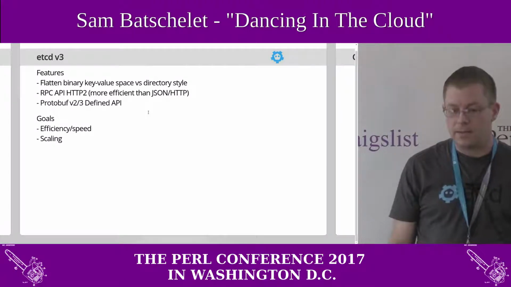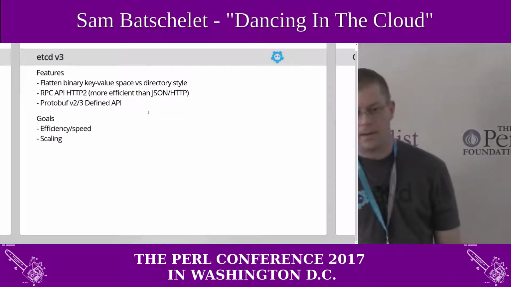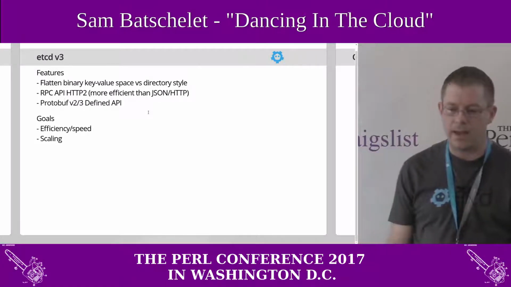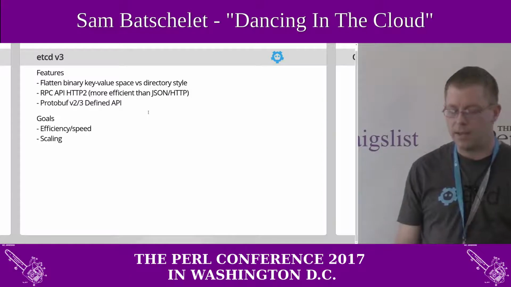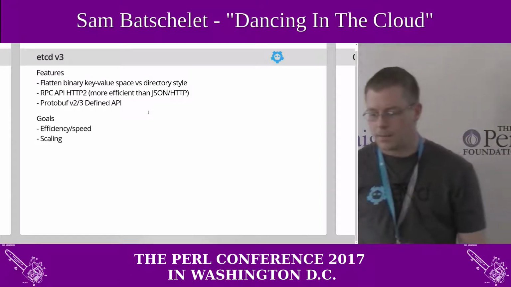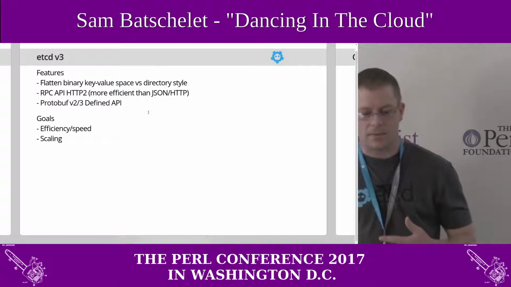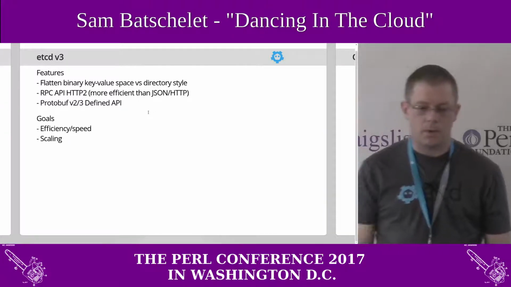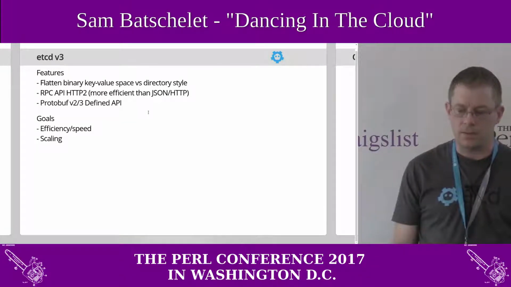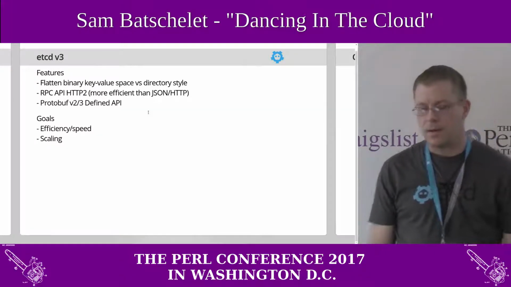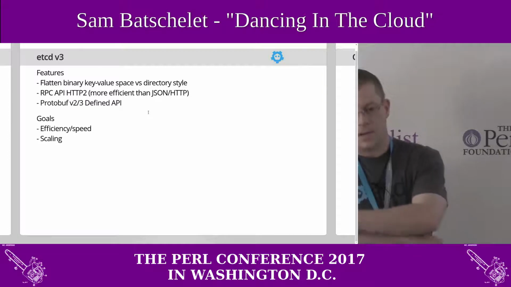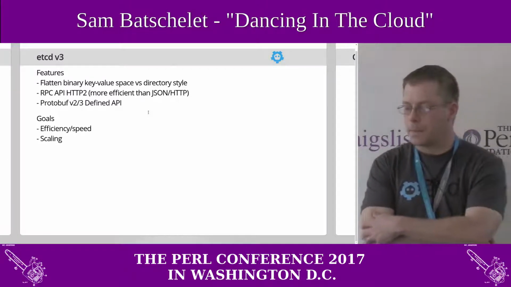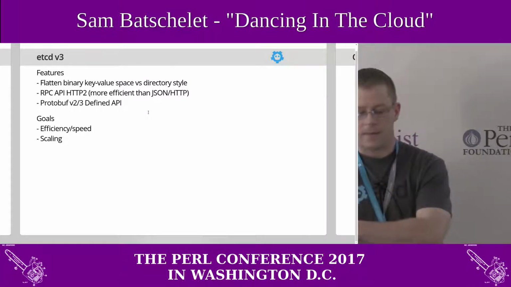So the next incantation of the API was to flatten. They wanted to flatten the KeyValue store. That's pretty common. So the concept of directories was removed. They moved forward with RPC and HTTP2. So that was the gRPC stuff that we just talked about, and then the protobuf definition.